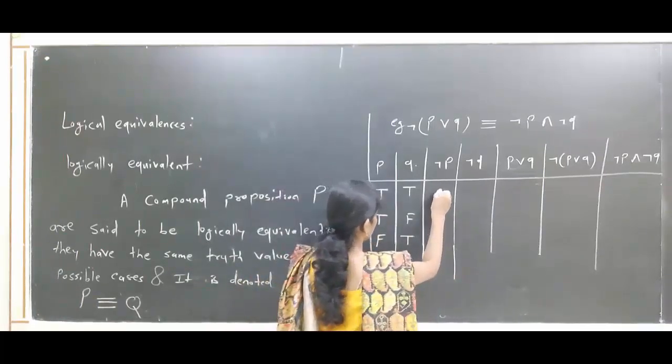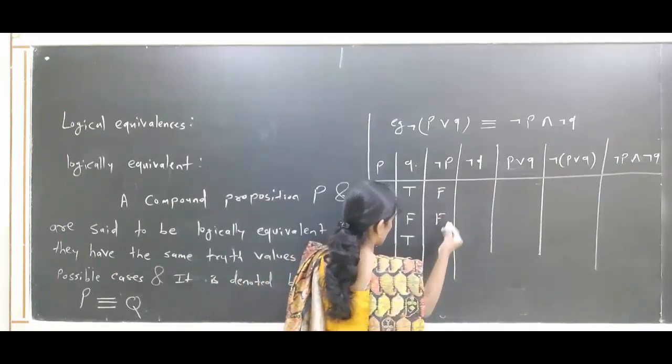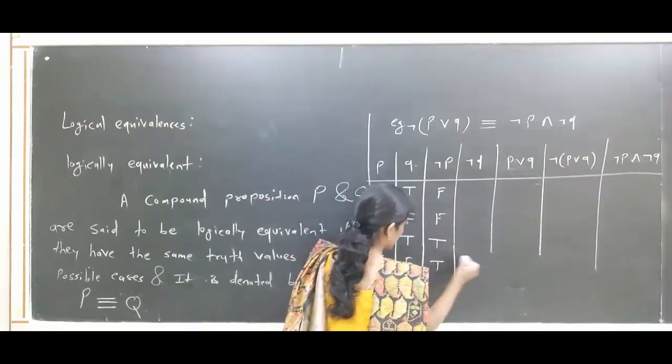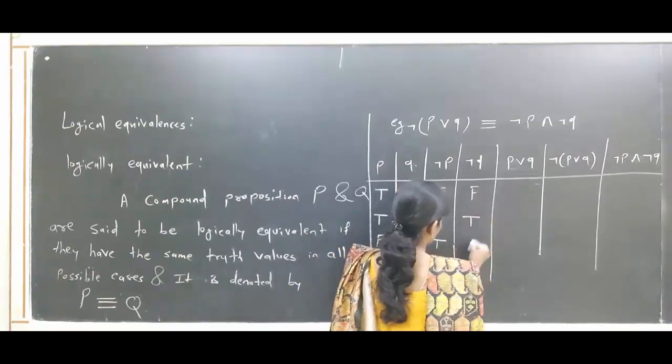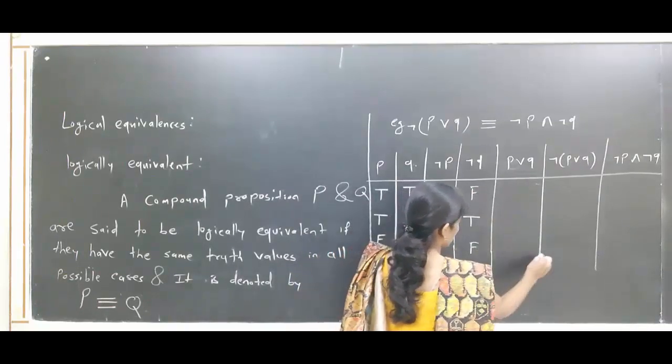So here we get false, false, true, true. Similarly for negation Q, false, true, false, true.